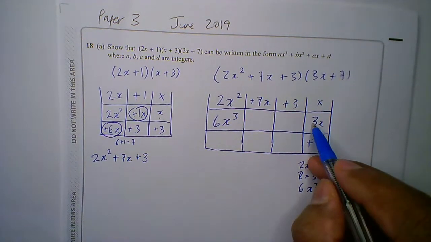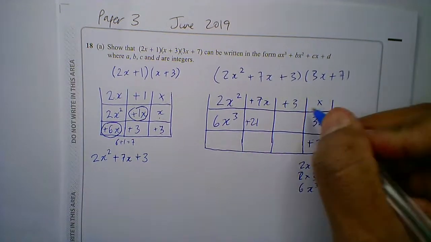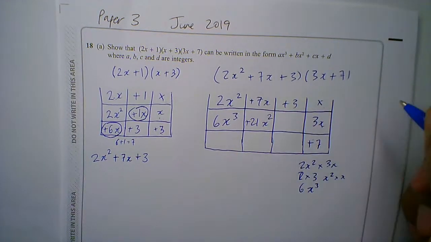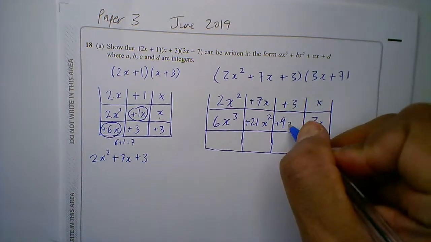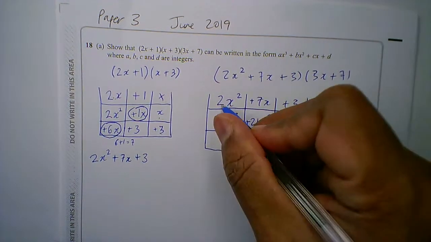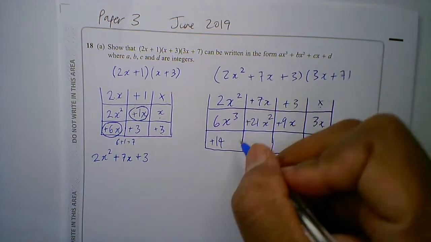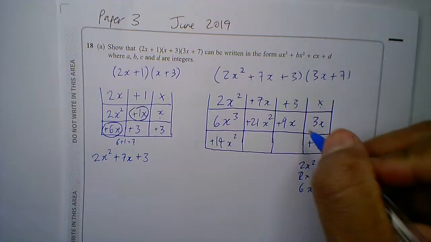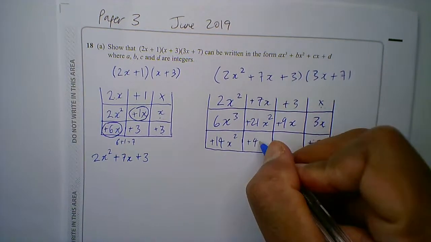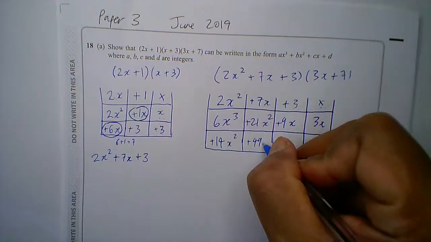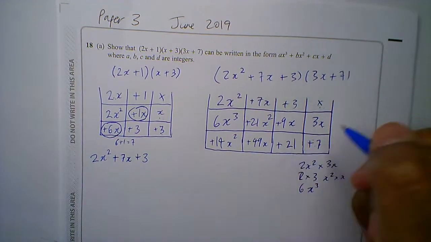Similarly with this one here, 3 times 7 is 21, so plus 21. x times x is x squared. 3 times 3 is 9. I've got x here. 7 times 2 is 14, so plus 14x squared. 7 times 7 is 49. And this is x. And the last one, 7 times 3 is 21.